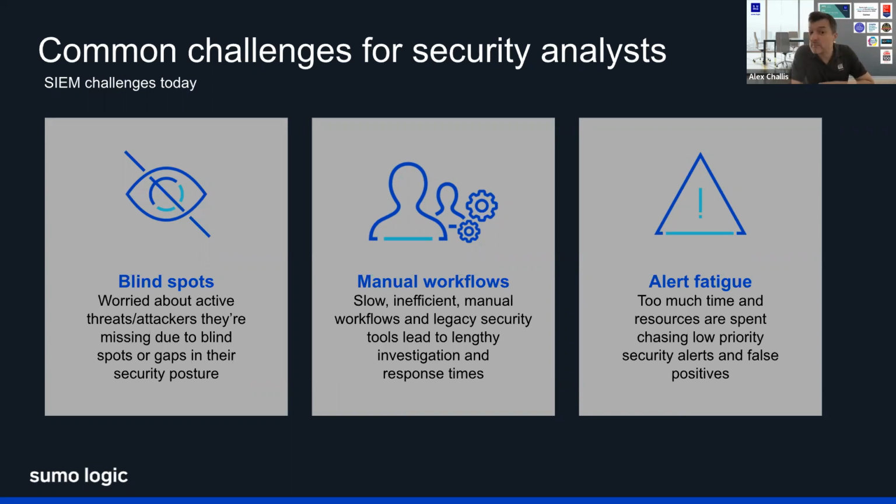Basically, this has made it clear to CISOs and security operations directors that it's really no longer a human scale problem, because you can't hire your way out of the situation. There's simply not enough skilled analysts available to take care of all of the work that we need people to do.